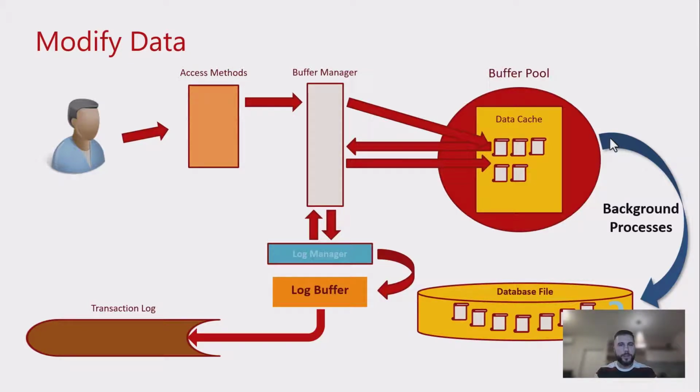Why does SQL Server do it this way? There are several reasons. The first reason is that data in the database file is spread randomly, so to write data to the database file, we need to do a non-sequential write.